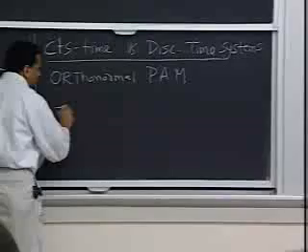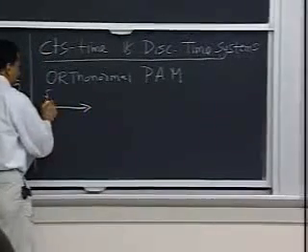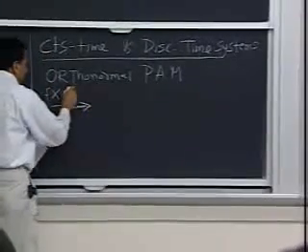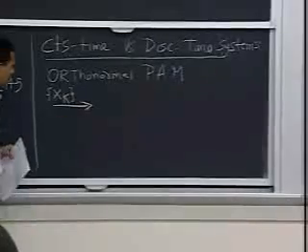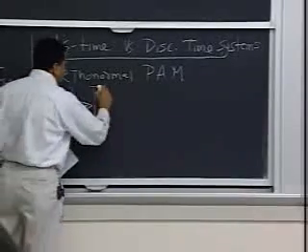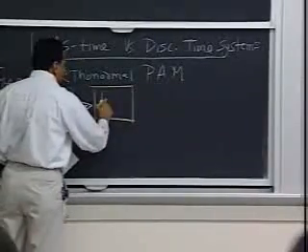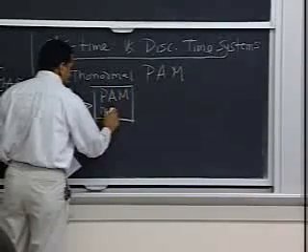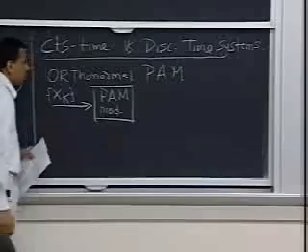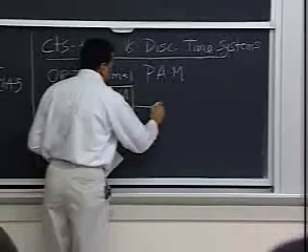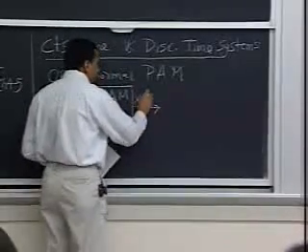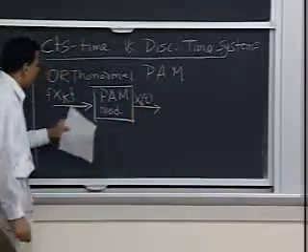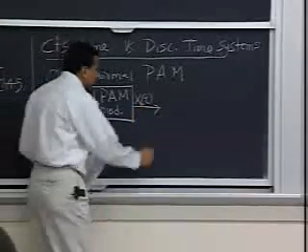The architecture for a PAM system is as follows. You have x_k, a sequence of symbols coming in. They get into a PAM modulator. What you get out is a waveform, x of t, which the PAM modulator produces.